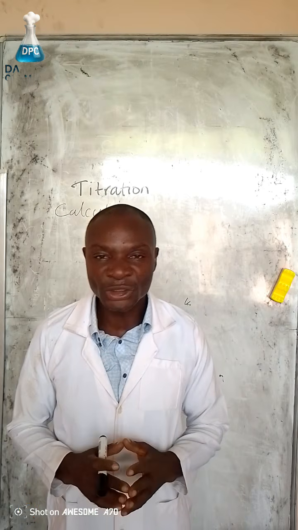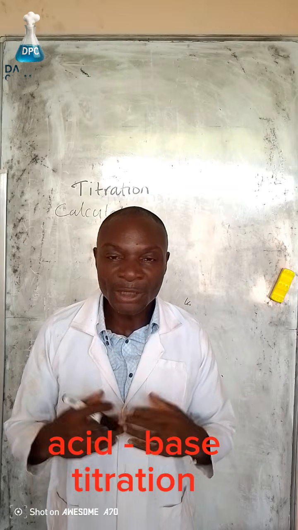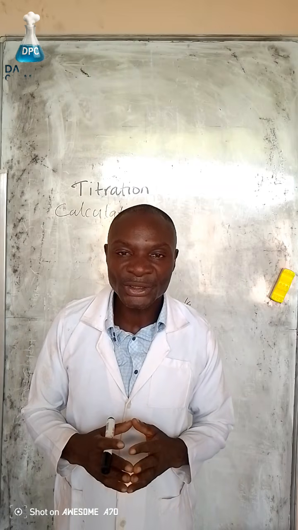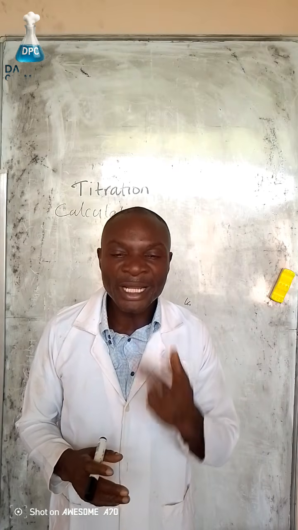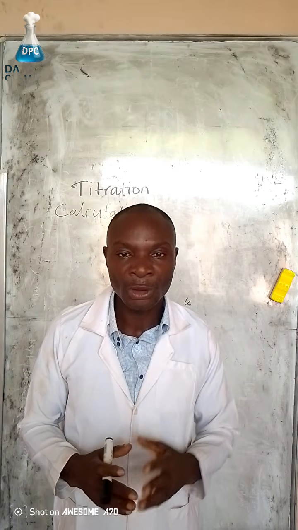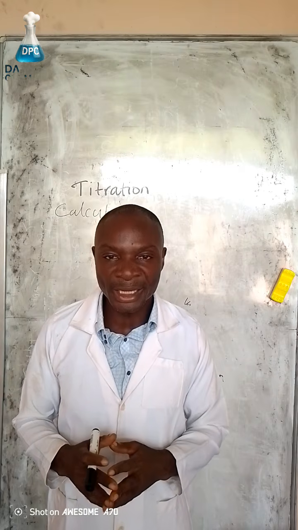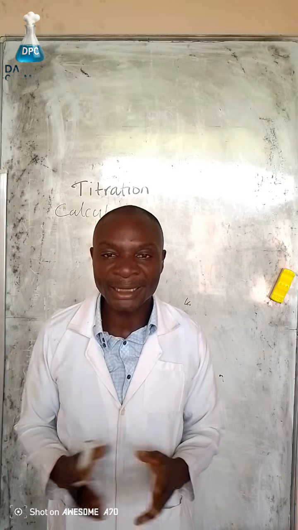Now, every titration, in particular acid-base titration, in which we are concerned in this class, you are given two reagents, two solutions. The acid can be solution A, the base can be solution B, in whatever tag the examiner might decide to tag them.